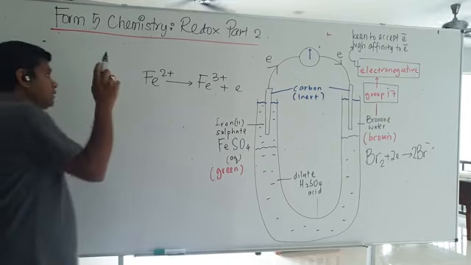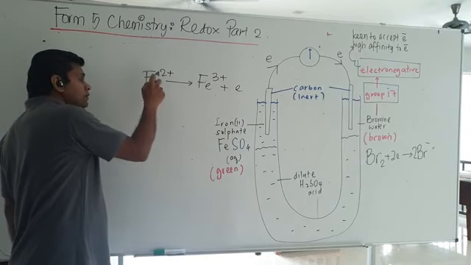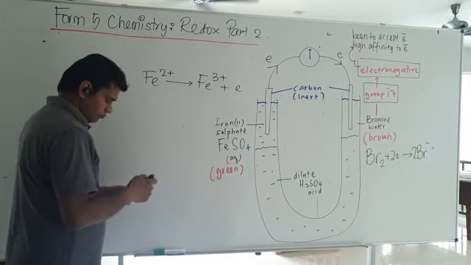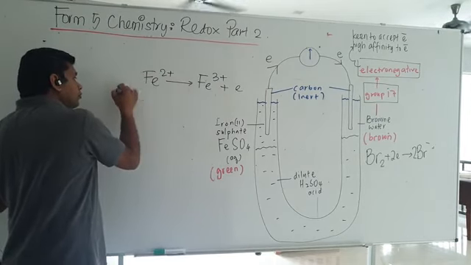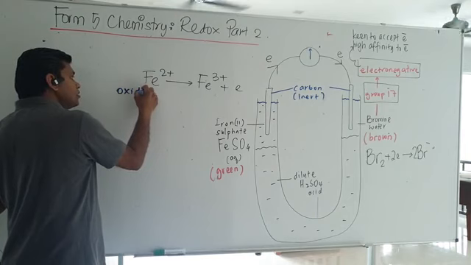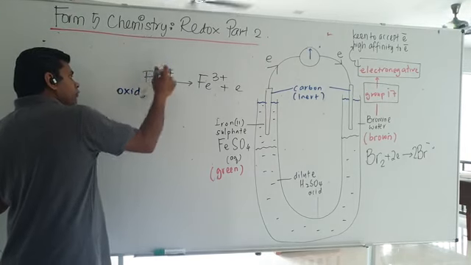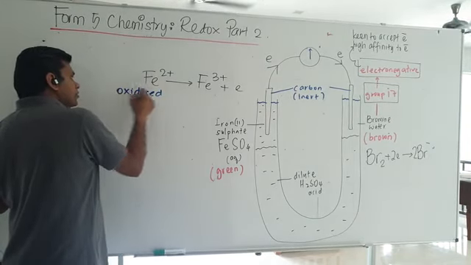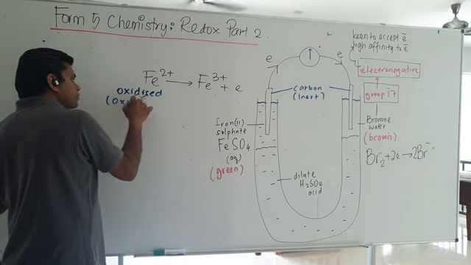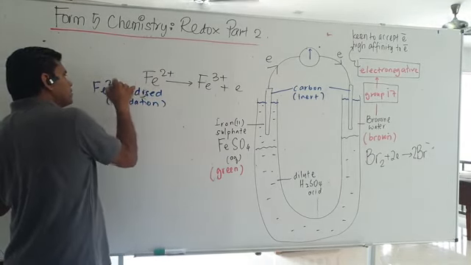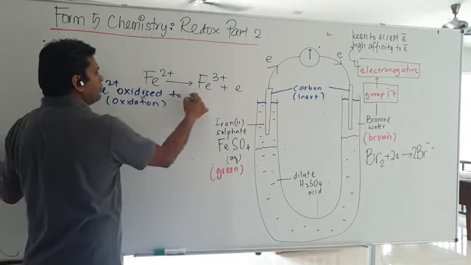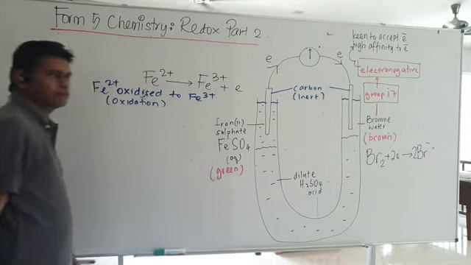So this Fe2+ donating electrons means oxidation. Fe2+ is oxidized. That's an oxidation process. So Fe2+ is oxidized to Fe3+.